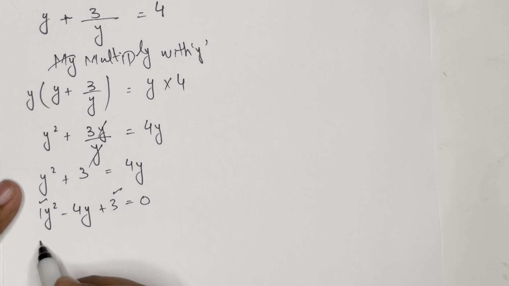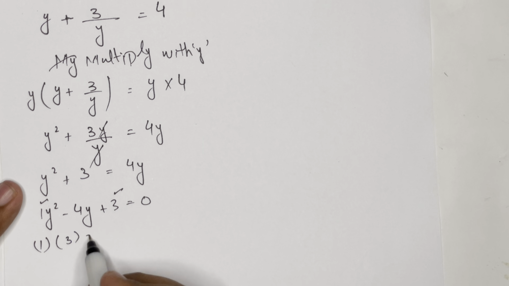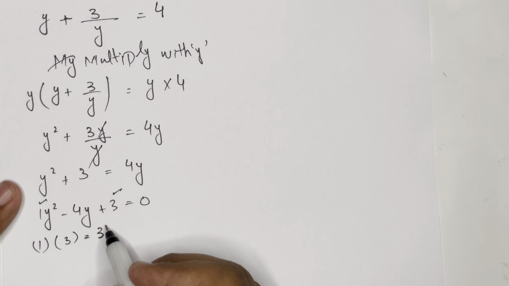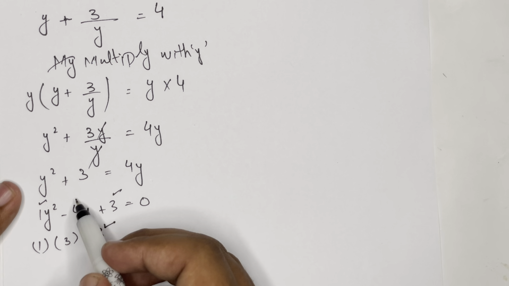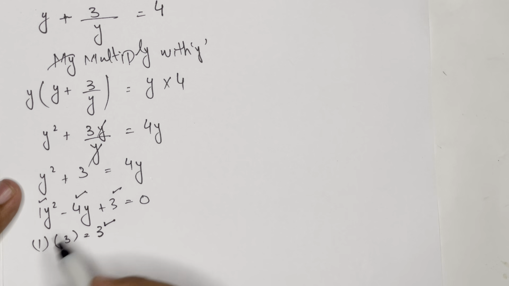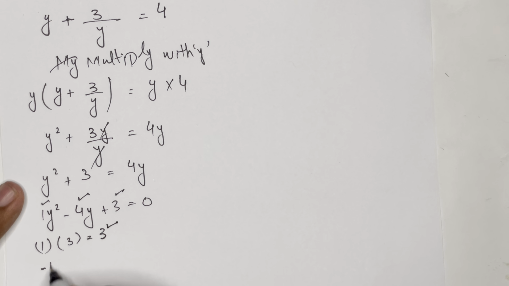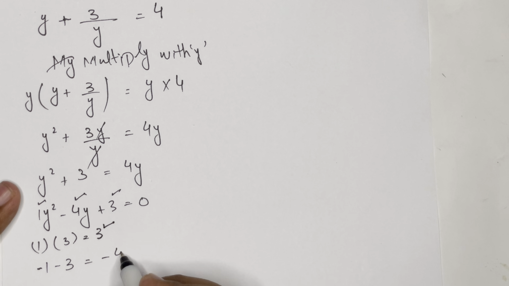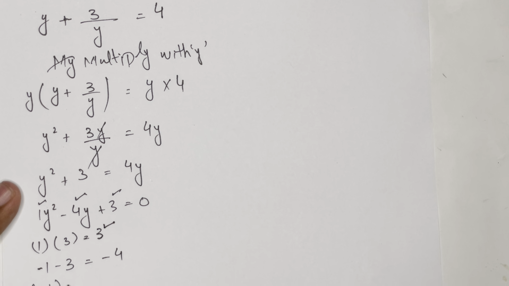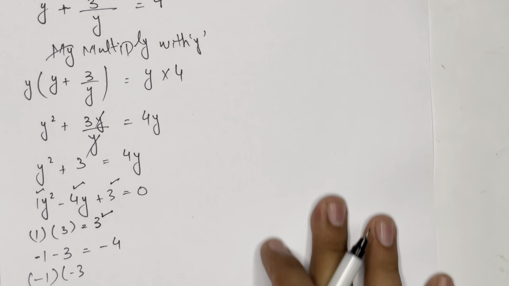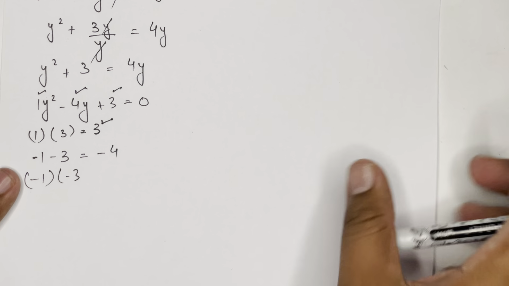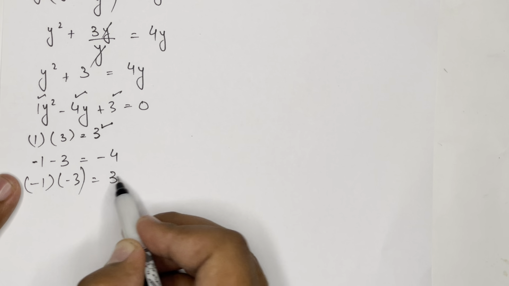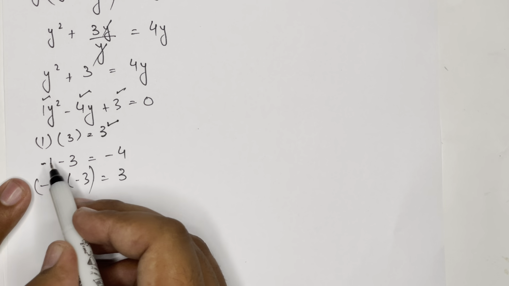These two numbers I am going to multiply: 1 times 3 equals 3. Now I need numbers whose product is 3 and whose sum is -4. The exact numbers will be -1 and -3, and when I simplify this I get -4, and when I multiply them I get 3. So the right factors are -1 and -3.